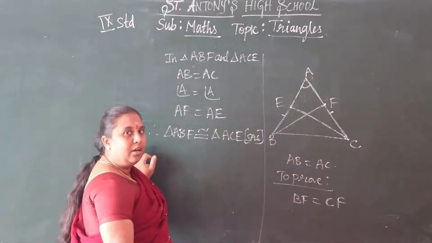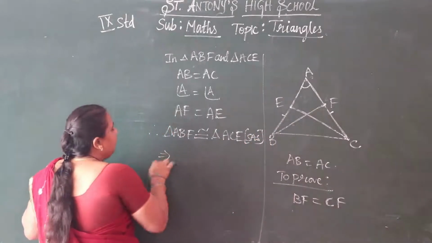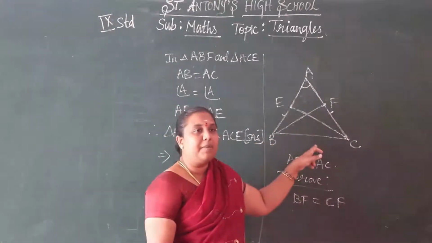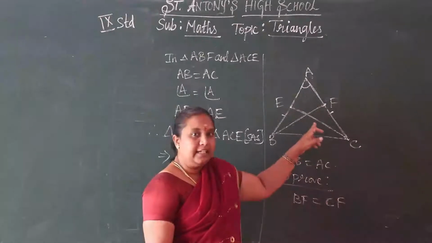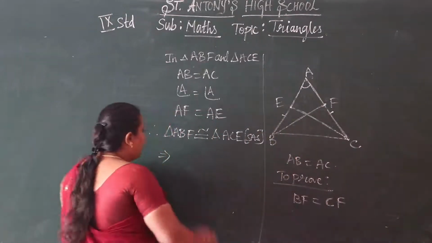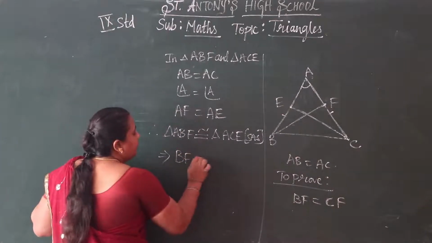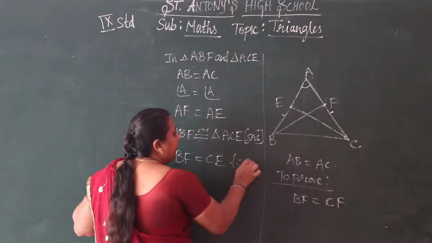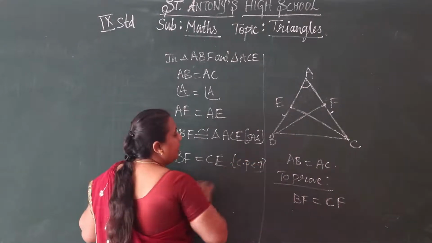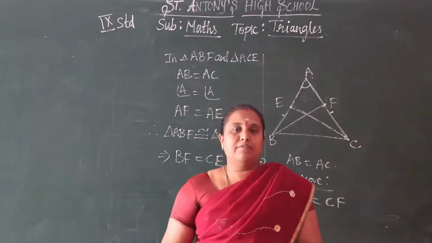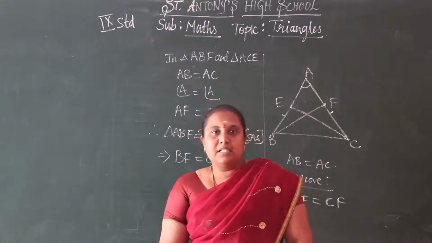From the congruence of these two triangles, we can say the corresponding parts of congruent triangles are equal. So we can say BF equals CE, by CPCT. Understood, children? Then we move on to example 6.